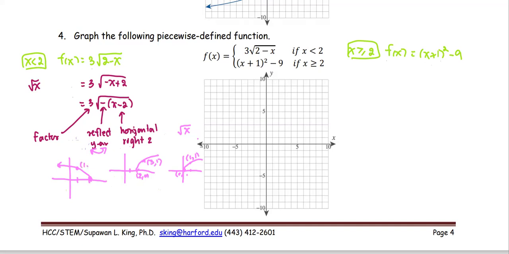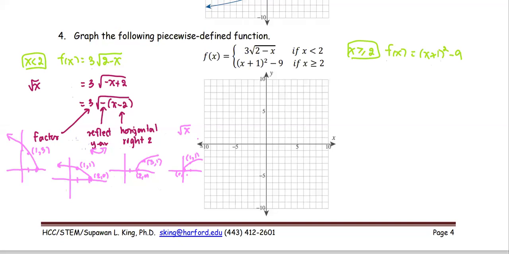The point (1, 1) and the point (2, 0): after multiplying by 3, the graph is stretched by the factor of 3. So this is going to be (1, 3) instead of (1, 1). The graph is taller, going that way.